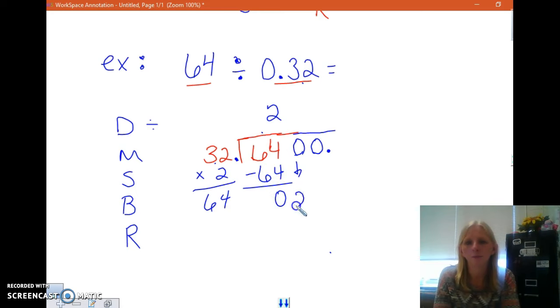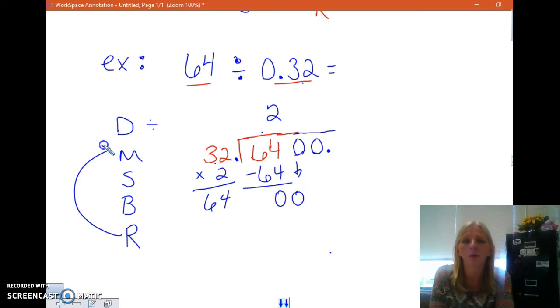Bring down the 0. If we bring down, we must repeat, which means there better be a number above the 0 we just brought down. So we just brought this 0 down. We need to put a number up here. So how many times does 32 go into 0? 0 times.